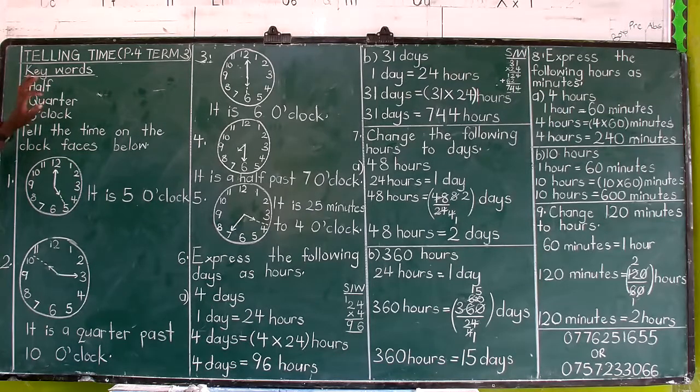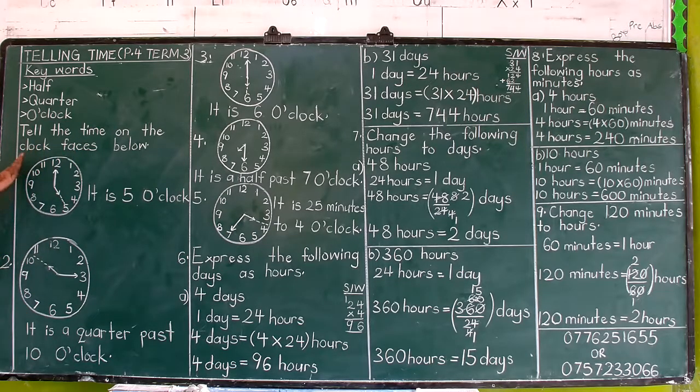So we say a quarter past, or a quarter to, when it is 15 minutes past, or 15 minutes to. We say half past when it is actually 30 minutes past that hour. So then o'clock is the full hour of the clock, as we are going to see.